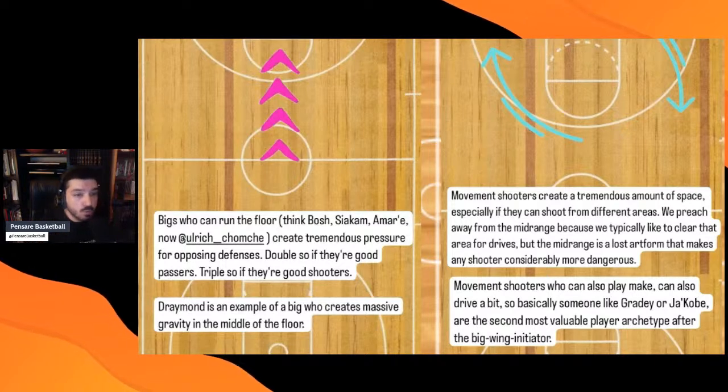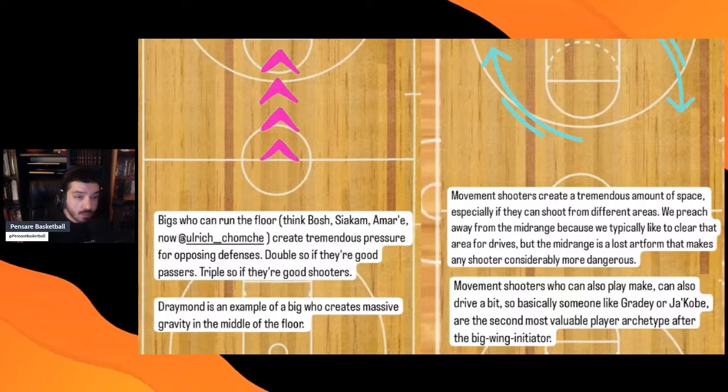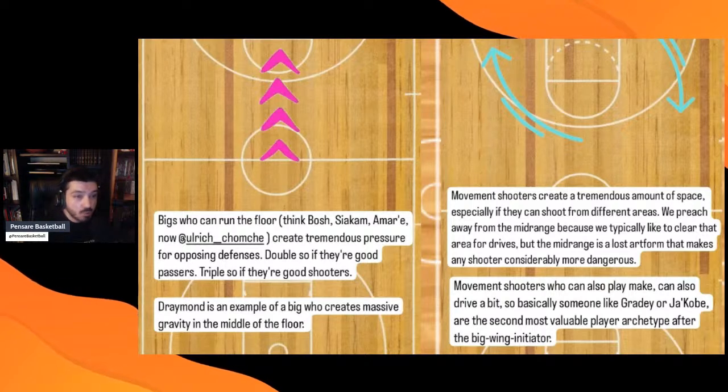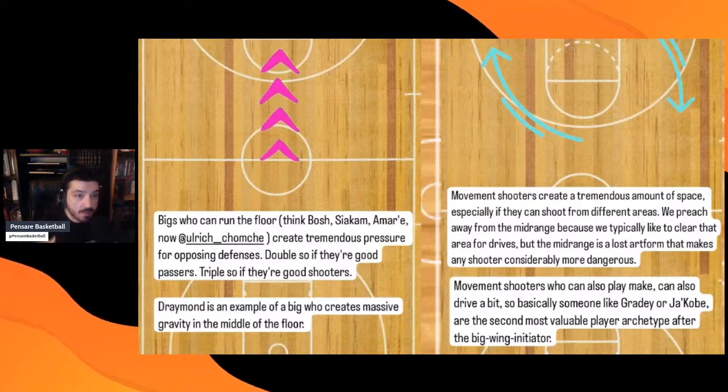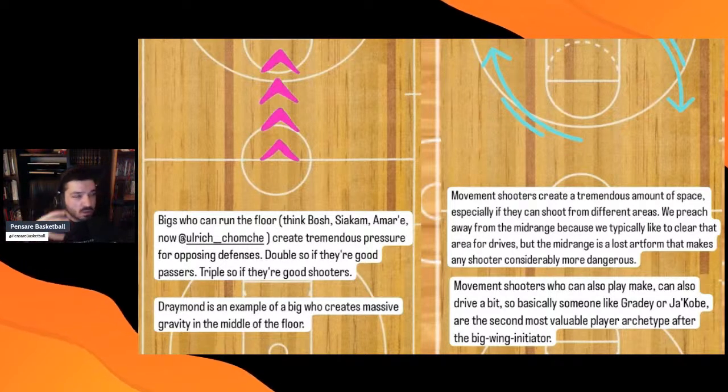So if you put movement shooters next to a prime Michael Jordan and you try to run motion flex offense, like that can help. That could be very, very dominant, right? You take a movement shooter like a JJ Redick and you put him next to any great player, he's going to be elevating them and they're definitely going to be elevating him. This is a very good thing to have on the court.